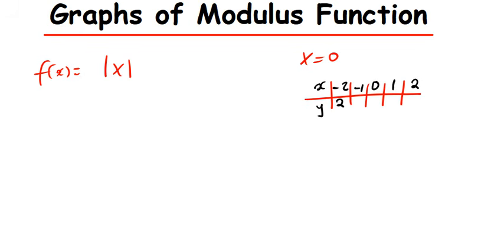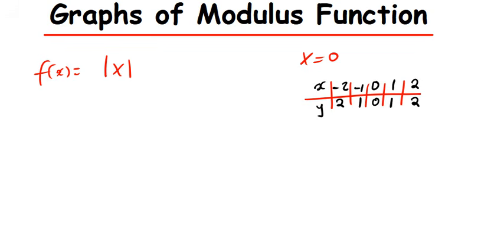Then y is the modulus of negative 1, which is 1. If I put 0, that is going to be 0. What if I put positive 1? Where there is x, put positive 1, you end up having positive 1. If you put 2, you end up having 2.